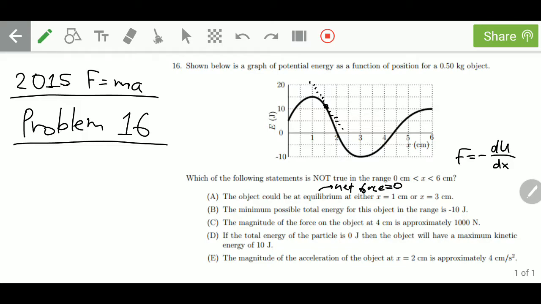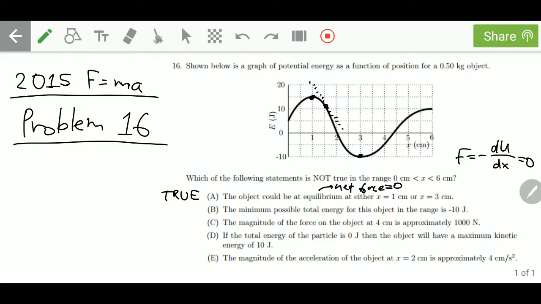The force of gravity points downward, in the opposite direction of increasing potential energy. So that's at least some intuition for that. That means that for this derivative to be equal to 0, the potential function has to be flat. And indeed, that does occur at x equals 1 and x equals 3. And thus, statement A is true, and so that is not what we want.